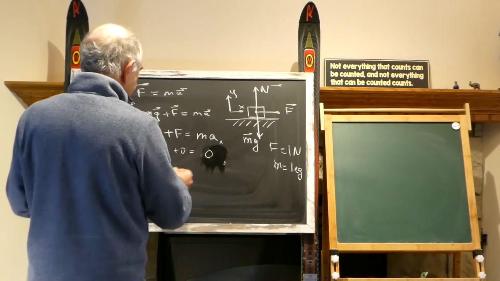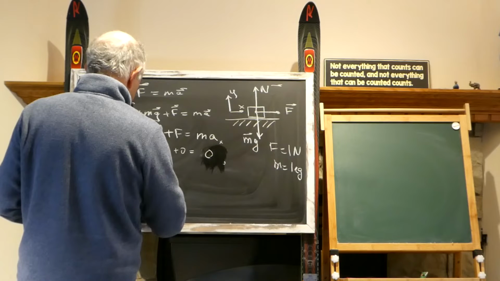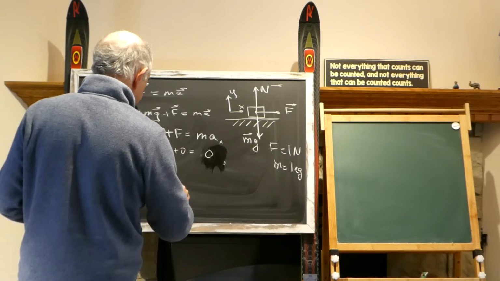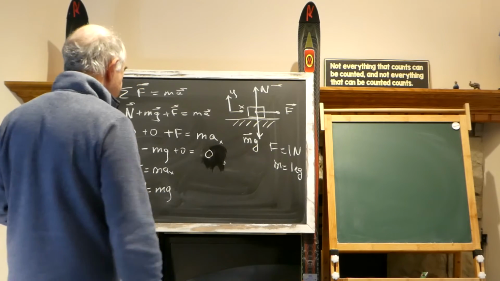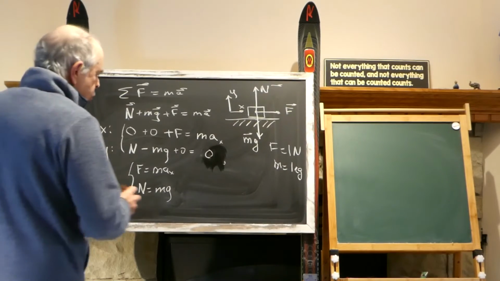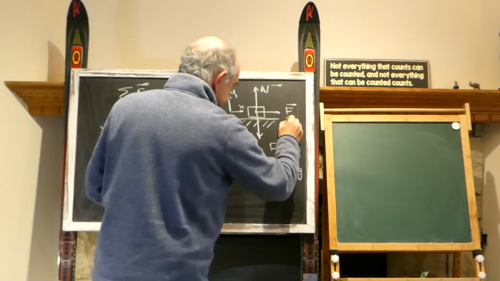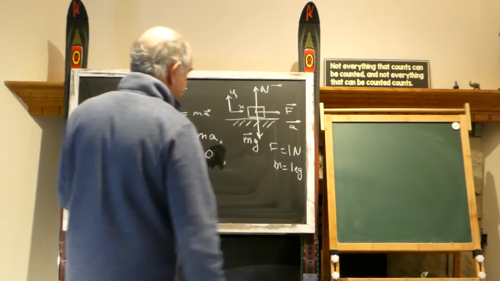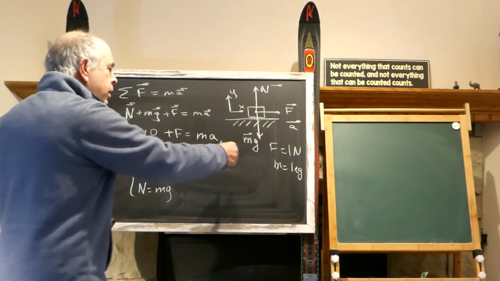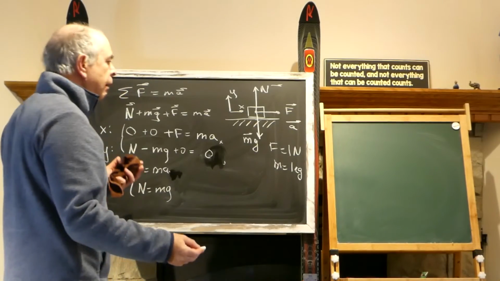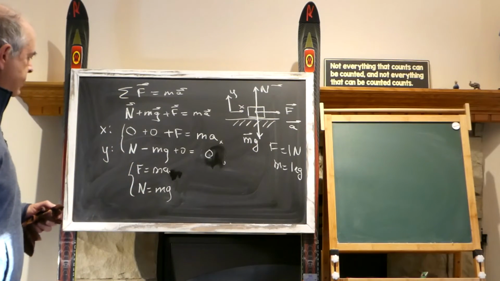I can do it here, I can do it below. So N equals mg, and those are two equations. And then I say, why should I write x? Because this is A. Because I know that the acceleration is directed that way. So, no component of acceleration vertically, and I have this A.